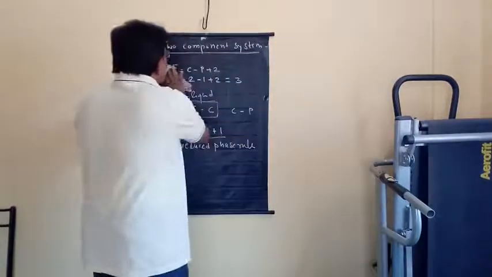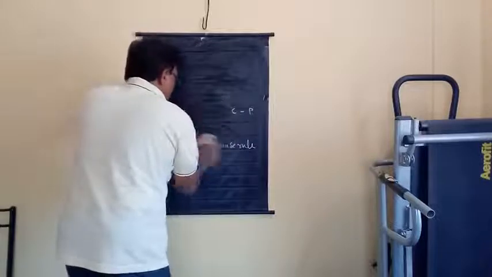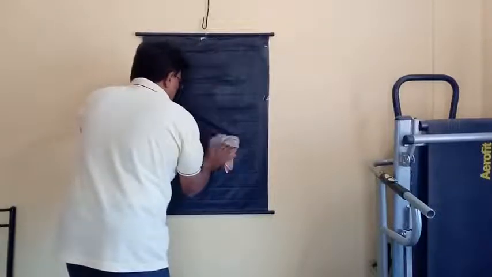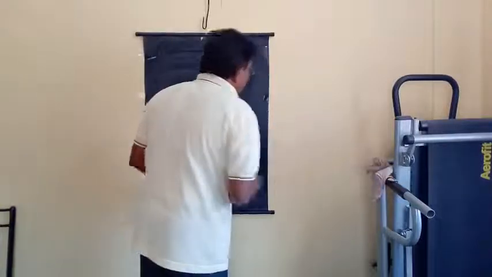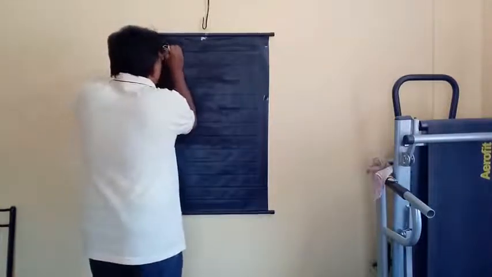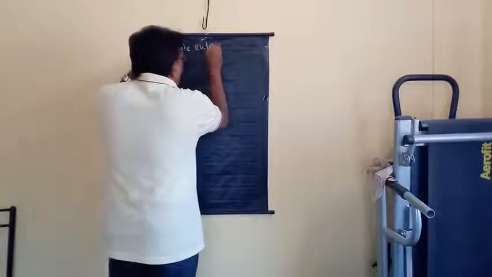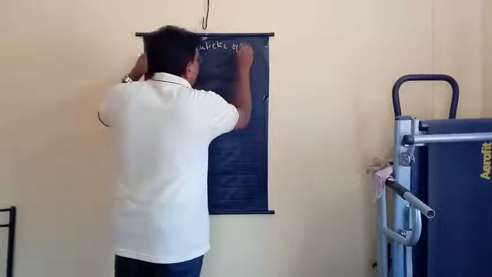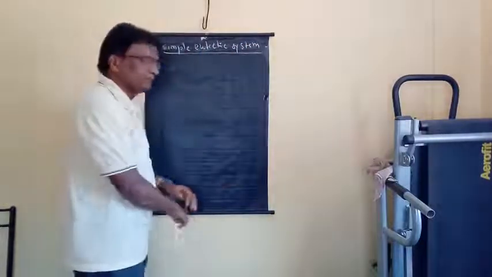Now let us study the two component system, the general system, that is the simple eutectic system. Simple eutectic system.